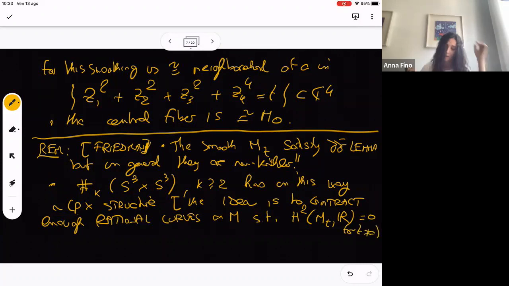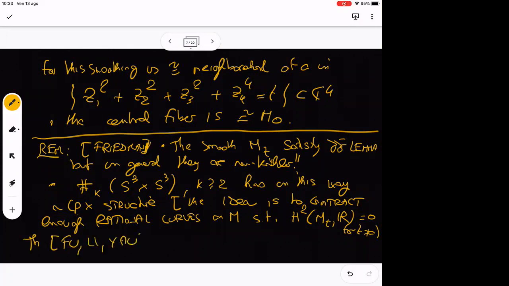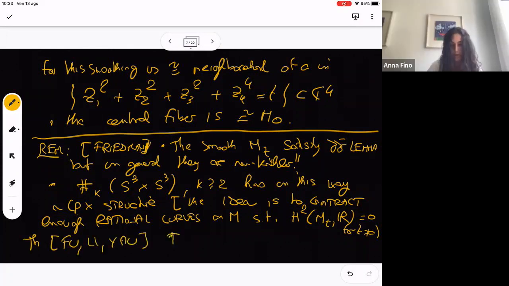And then having b2 equal to 0 allows us to identify the space as a connected sum of S3 cross S3. And then there is a theorem by Fu, Li, and Yau. They show that for sufficiently small t different from 0, MT has a balanced metric. So in particular, the previous manifold has a balanced metric.